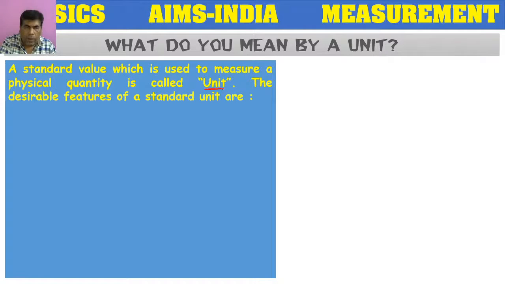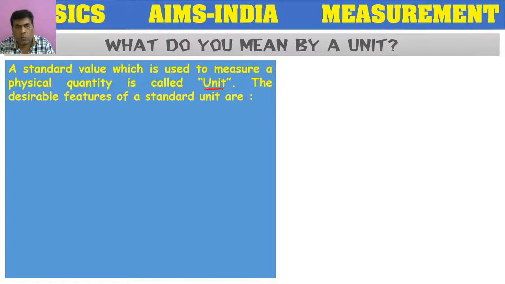Suppose 1 meter, I know the value of 1 meter. With that known value, if I want to measure the length of a room, I will compare the length of the room with that 1 meter, and I can tell it is 10 meters. Here the unit is already identified, defined and declared by the scientist as a fixed, known value.